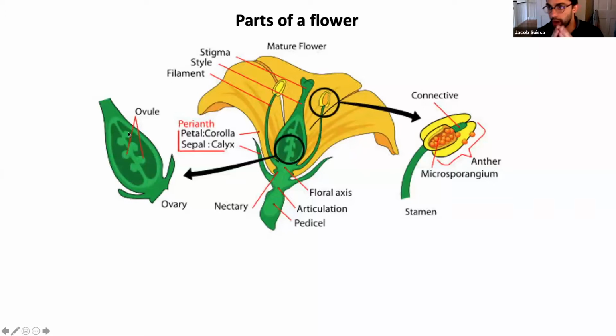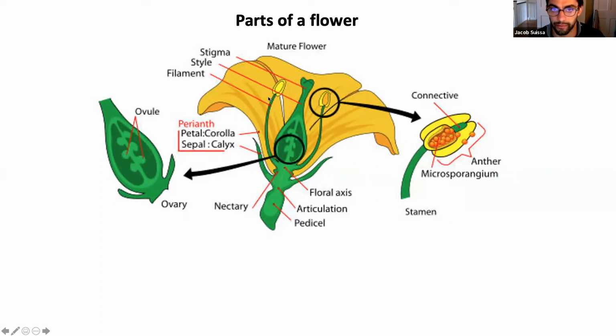It could be one, that would be one carpel, or sorry, one ovary. We'll get into the difference between ovaries and carpels, but essentially you have the ovary, which can be composed of one carpel or multiple, and within the ovary are the ovules.